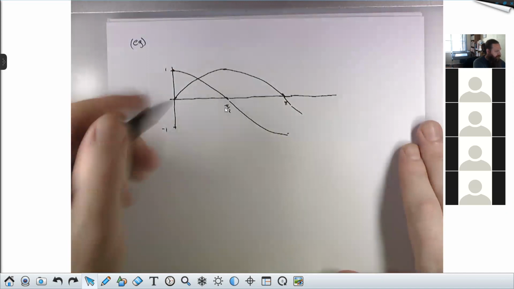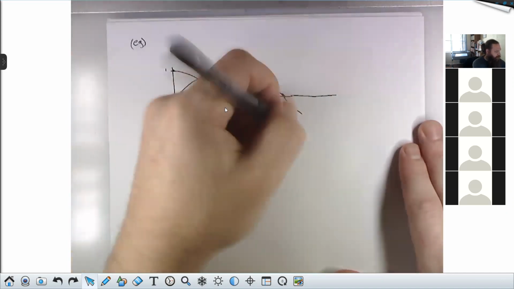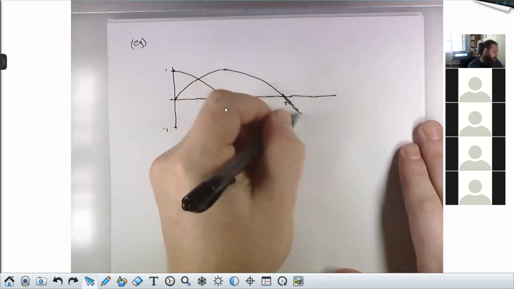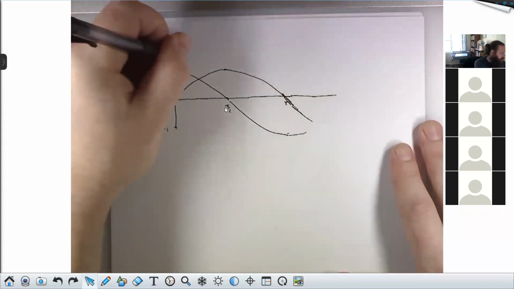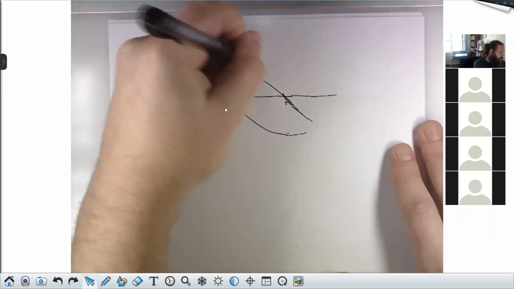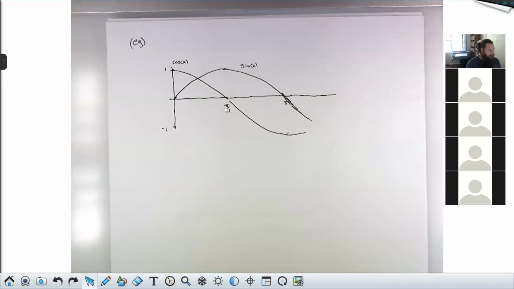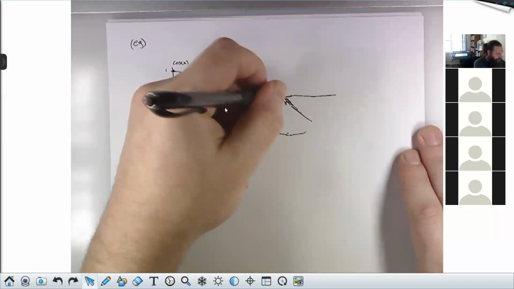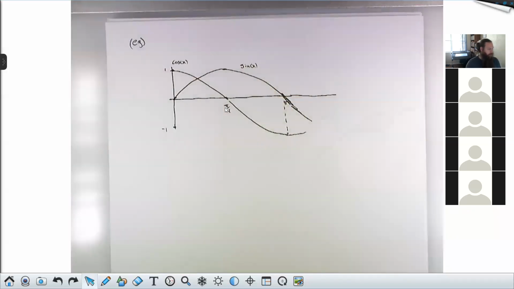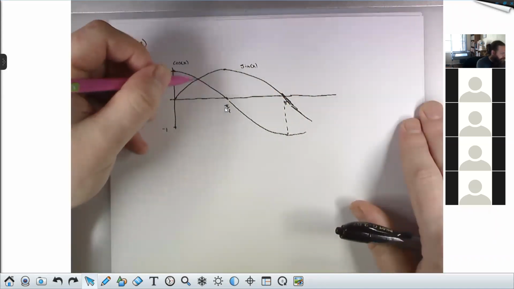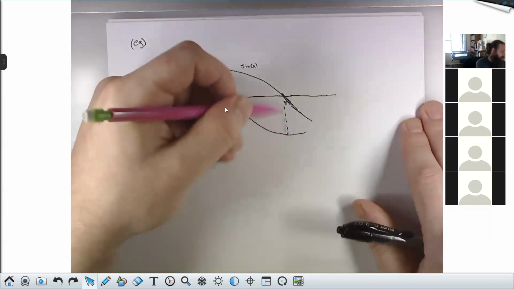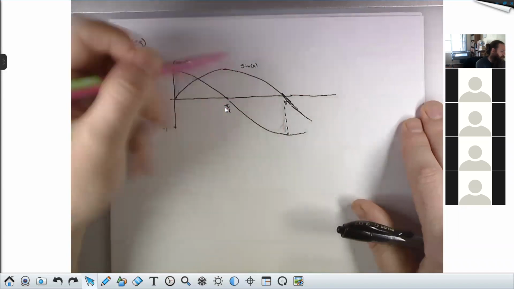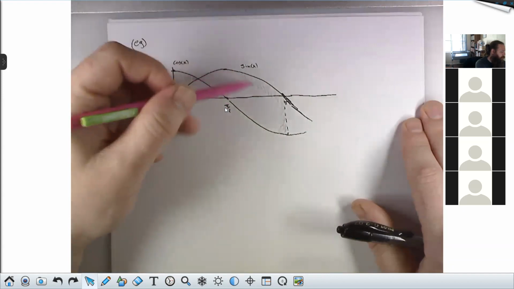Imagine I want to find the area between sine and cosine from x equals 0 all the way out to x equals pi. You see something interesting happens. They trade places.